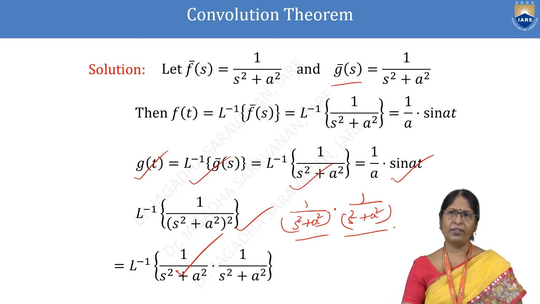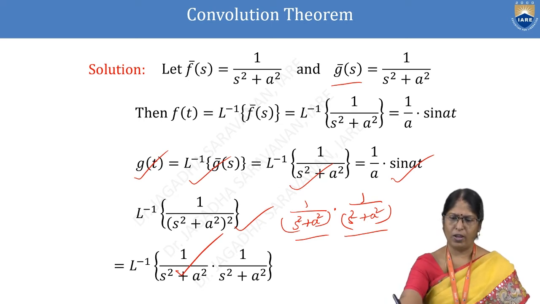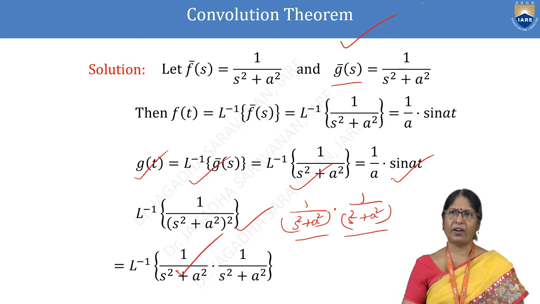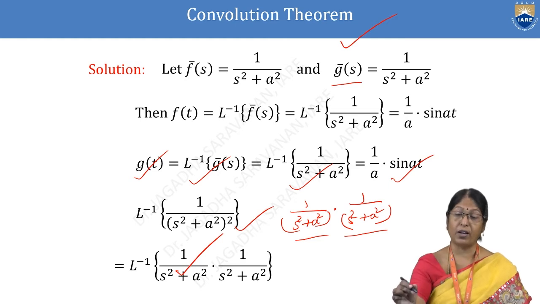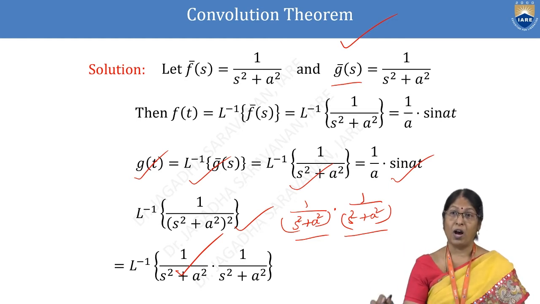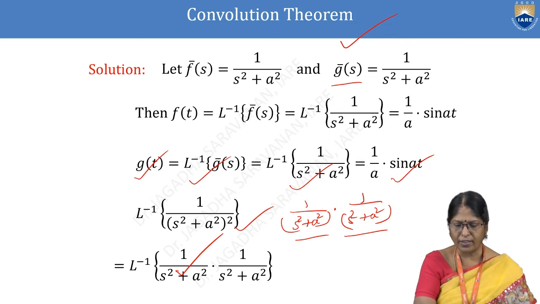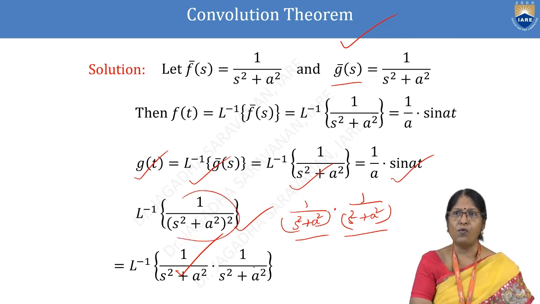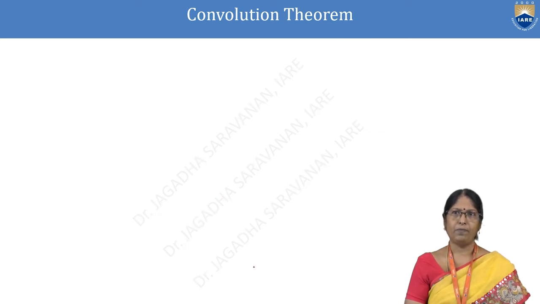Why are we following these steps? Because in the problem it is strictly told to solve the problem by using the convolution theorem formula. According to that, we wanted the product of f of t into g of t. That is the reason the given problem is split and we are writing it in two functions.